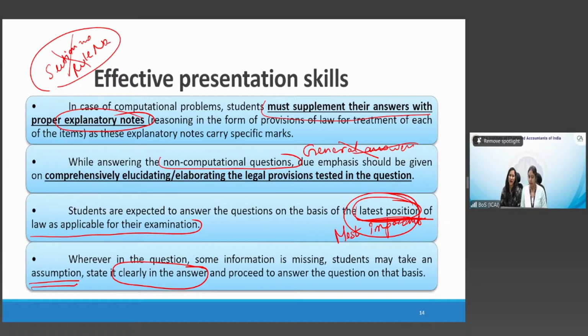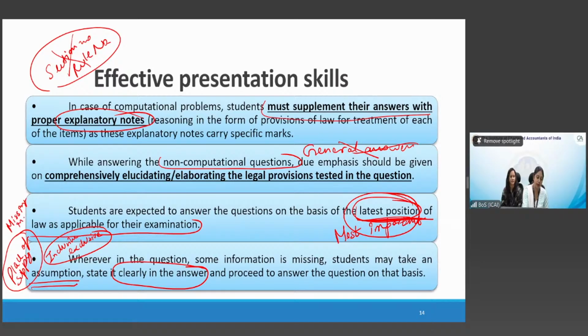But what you have to make sure is that you mention your assumption very clearly and specifically in the answer, that the above answer has been solved on the basis of this, or you may give it in a footnote that it has been assumed that, let's say, the amount is inclusive of GST or exclusive of GST. So whatever you assume, you have to state your assumptions very clearly in the answer.